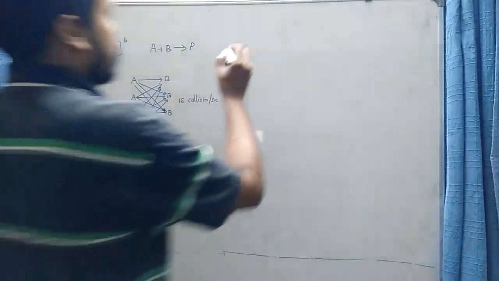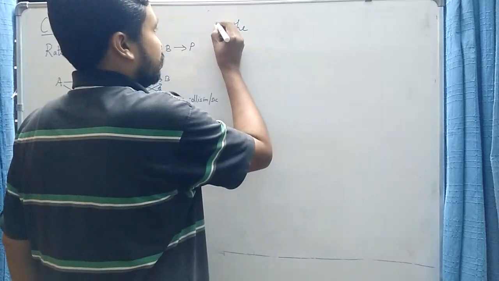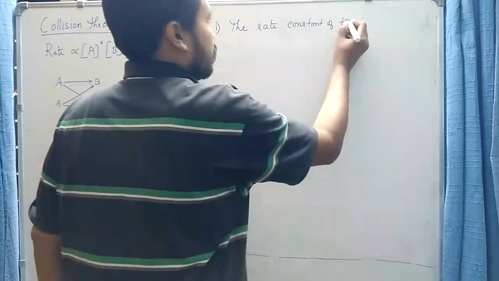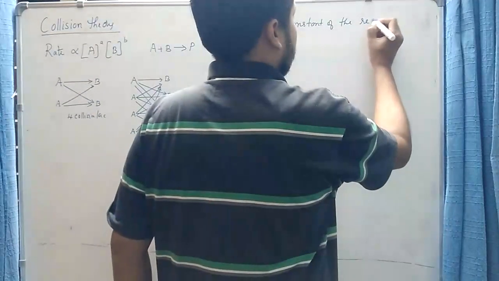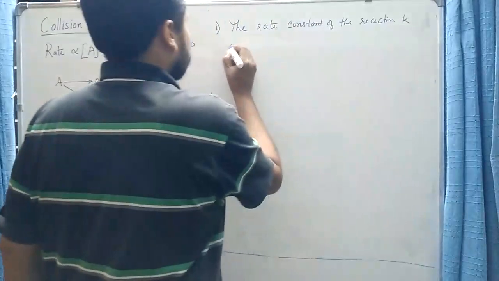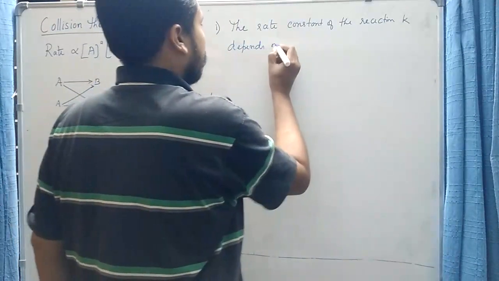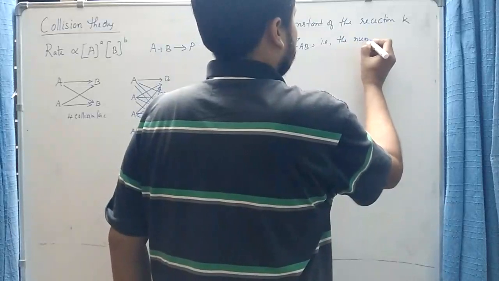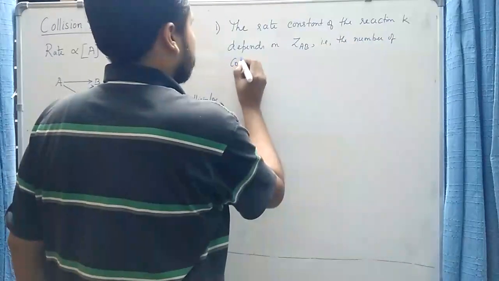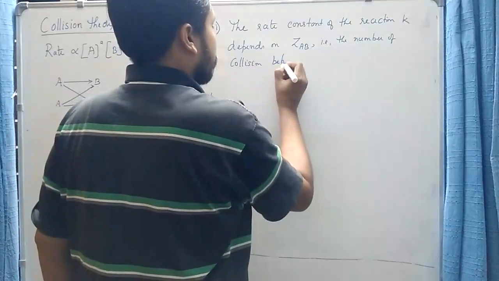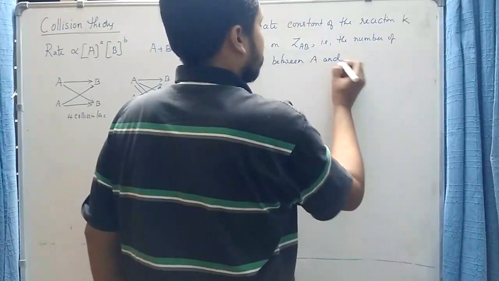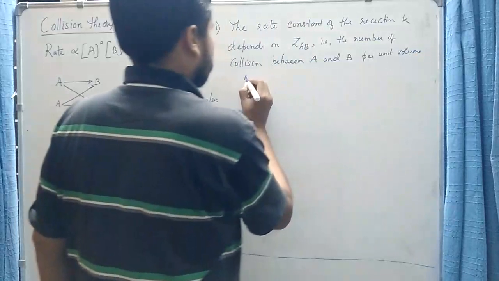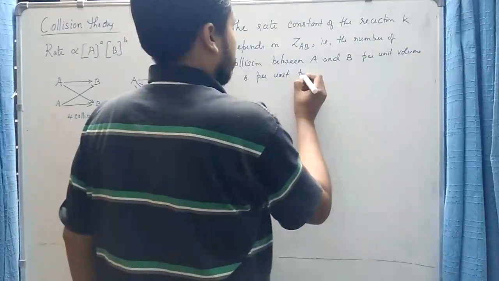So according to collision theory, the rate constant of the reaction, k, depends on ZAB, that is the number of collisions between the molecules of A and B per unit volume and per unit time.